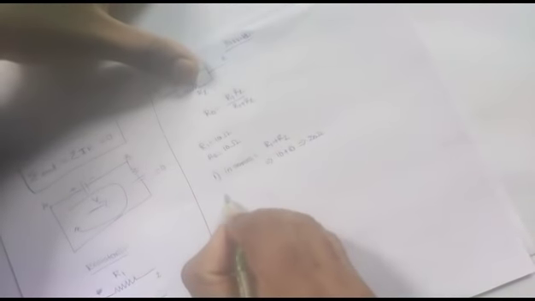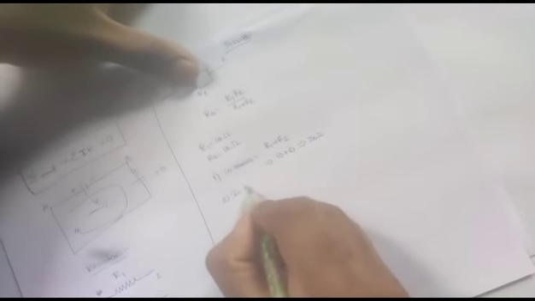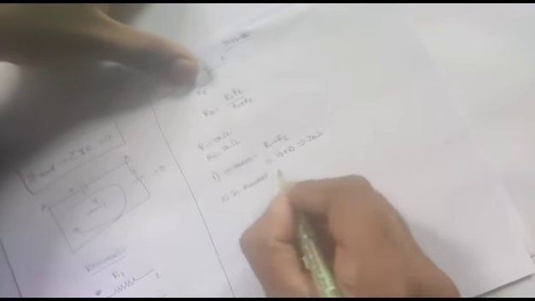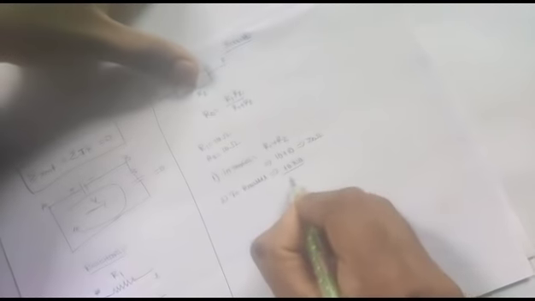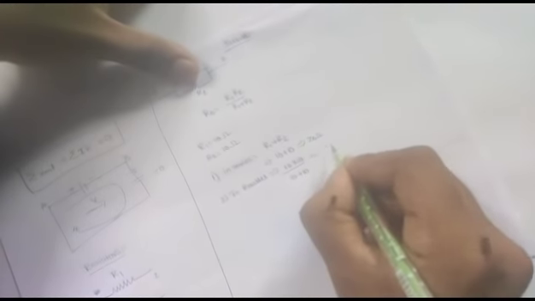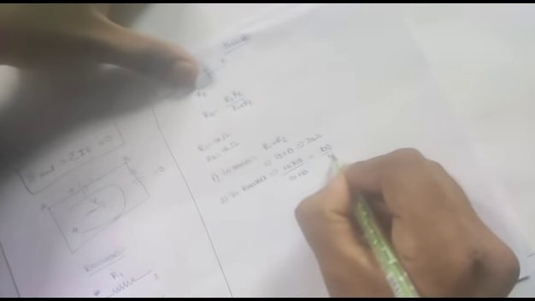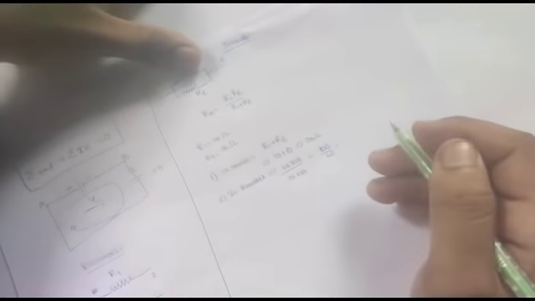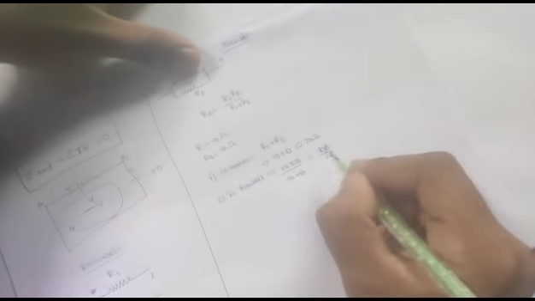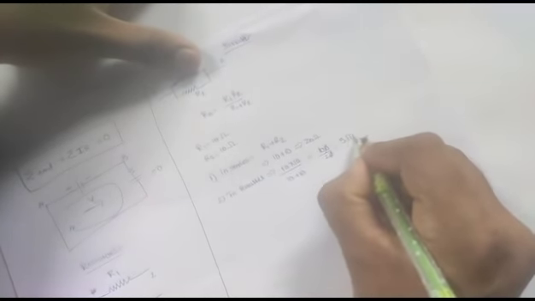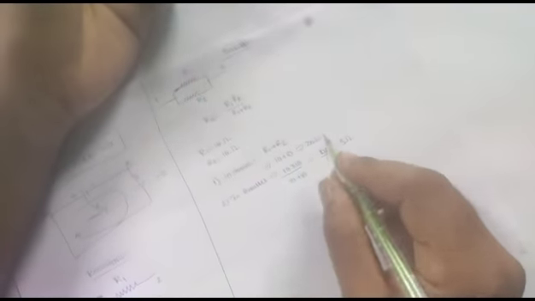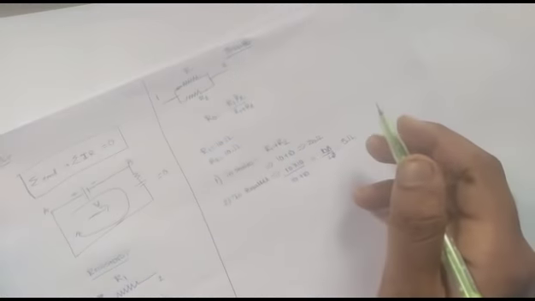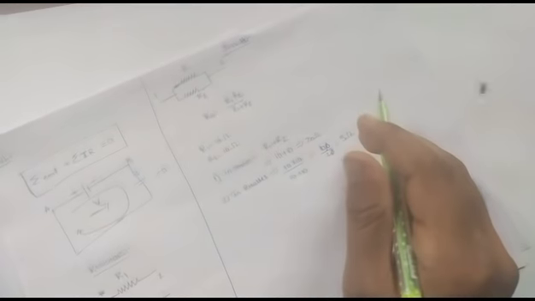In parallel, 10 into 10 by 10 plus 10. Ten tens are 100, 100 by 20. The simple answer: the zero cancels, and 10 by 2 is 5 ohms. In this fashion we can find out the resistors connected in series and parallel. This is a simple example.